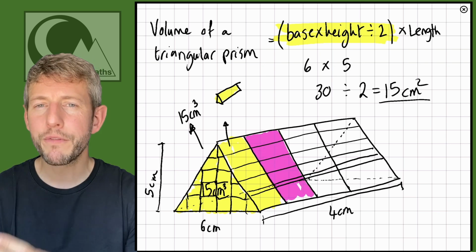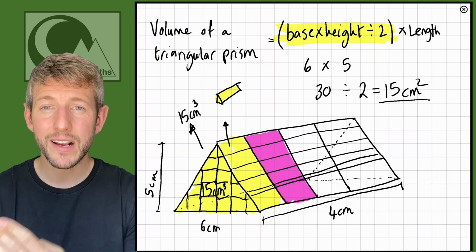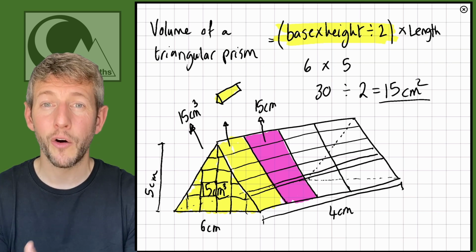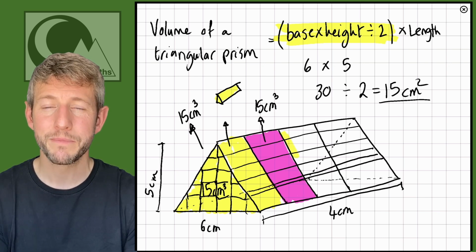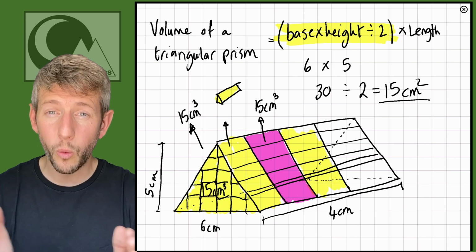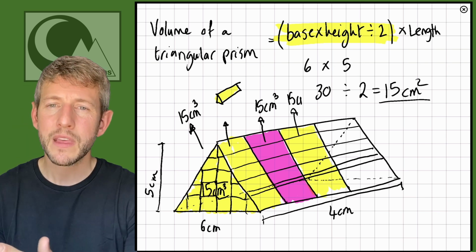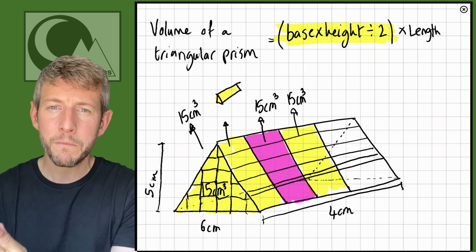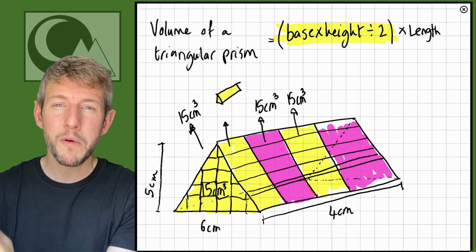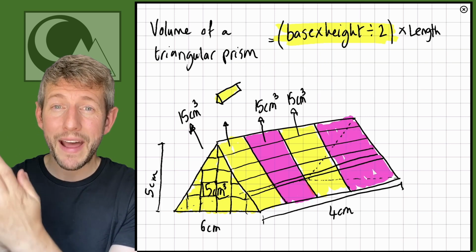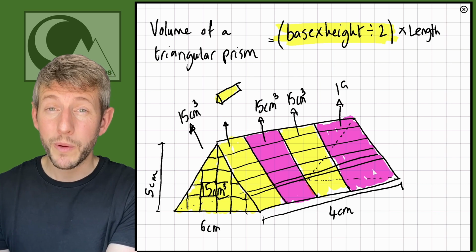So every one of these rows includes a new set of 15 centimeters cubed, okay? As I said, they're not all whole cubes, but if I fitted them together, they'd make 15. So I've got 15 on the front row, 15 on the second row, 15 on the third row, and 15 on the fourth row, okay?